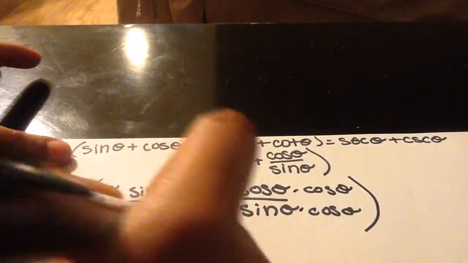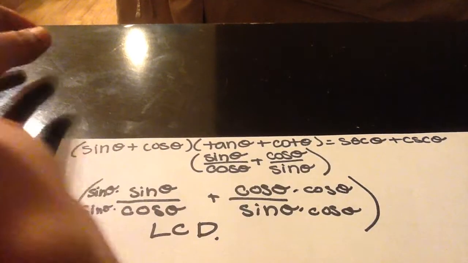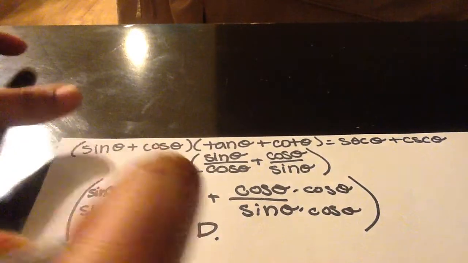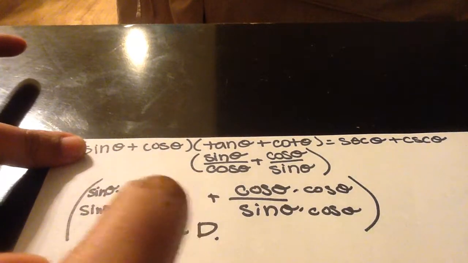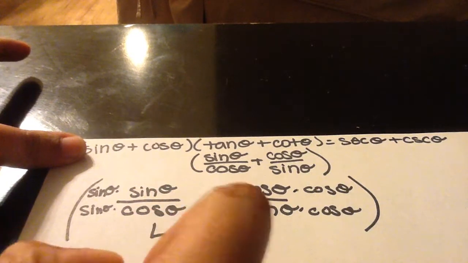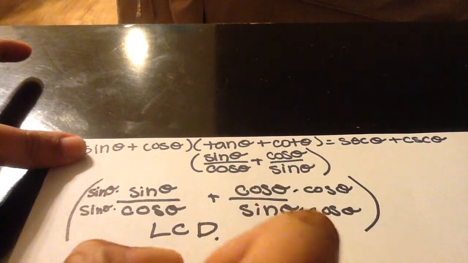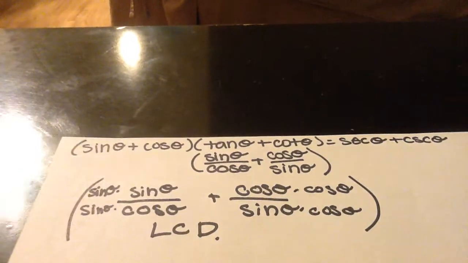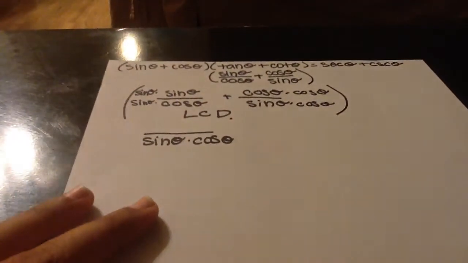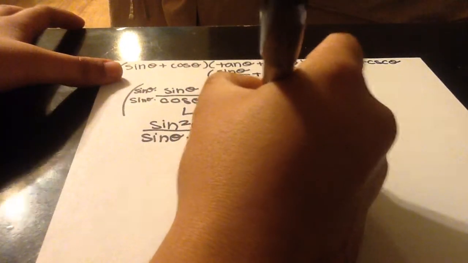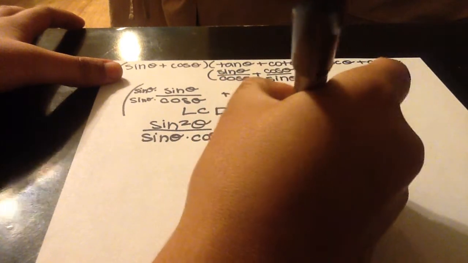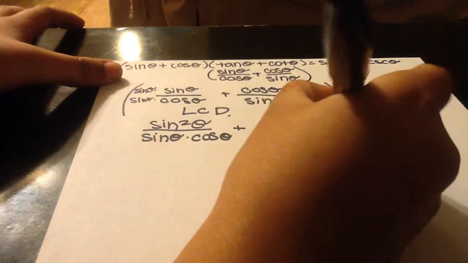So right here, we're finding the LCD. So now we have the LCD, which is sin θ times cos θ. Sin θ times sin θ over sin θ cos θ, that is sin squared θ, plus cos squared θ over sin θ times cos θ.